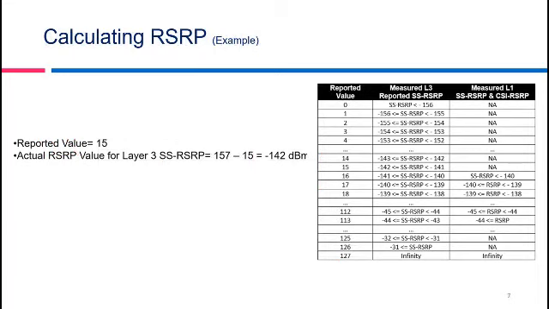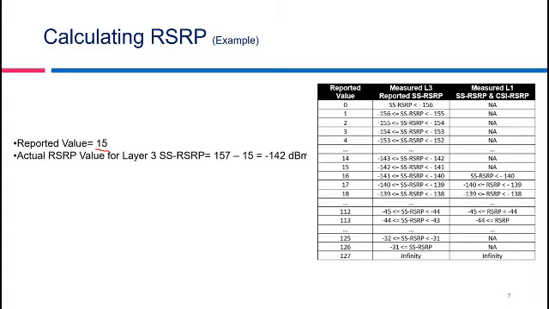Let's do some simple calculation for calculating the actual RSRP from the reported value. For example, the reported value for RSRP is 15 within a measurement report. From this reported value, we need to find out the actual RSRP measured by the UE in dBm.